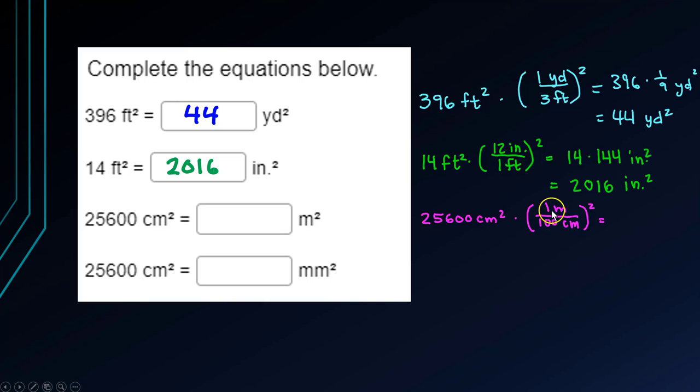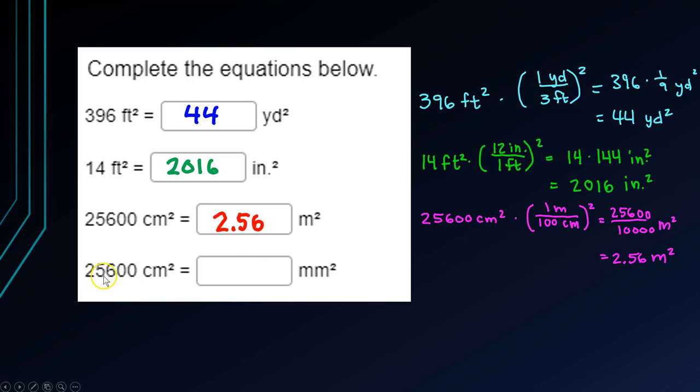I know there's 1 meter for every 100 centimeters, so this conversion is going to help, but I have to square that conversion in order to get meters squared, what I'm looking for, and centimeters squared, what I currently have, involved together. So as a result, I'm going to have 25,600 divided by 10,000, and that's going to give me 2.56 square meters.